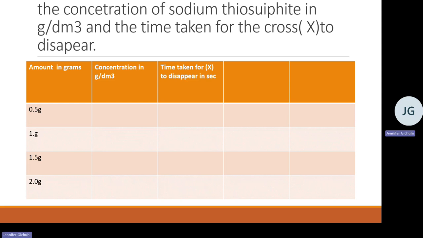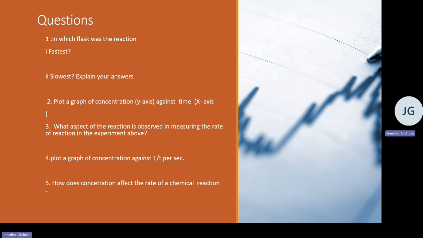And it has given you a column where you'll be filling the time that was taken for the cloth to disappear. After you have done that table, you'll move to the next level where I want you to discuss and answer the questions that follow.